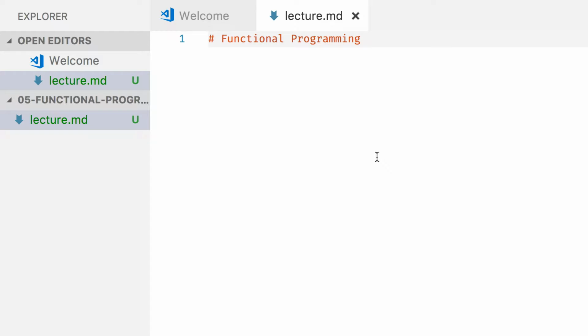All right, let's talk about functional programming. What is functional programming? I could be wrong, but I think it's Thomas Linder's name.